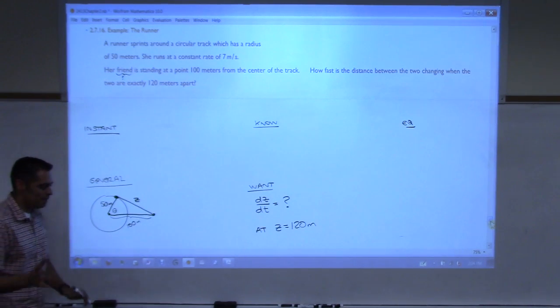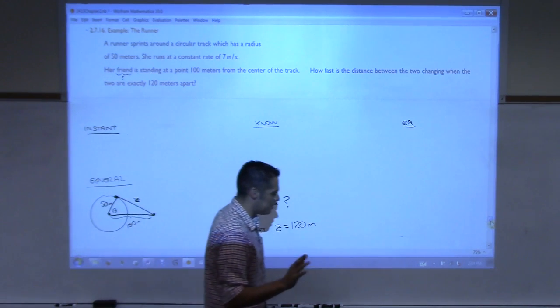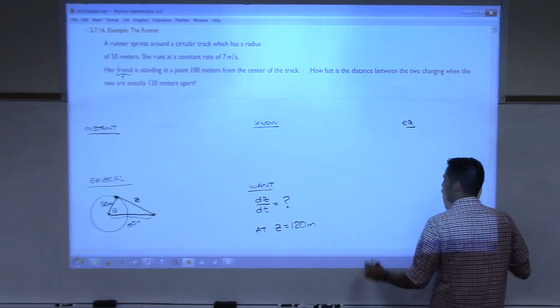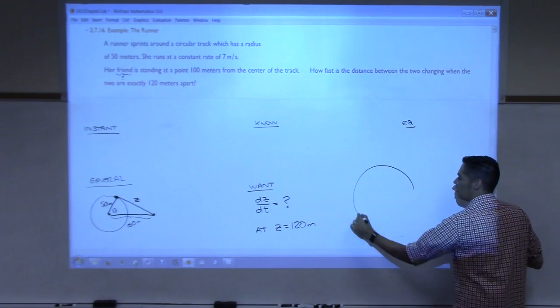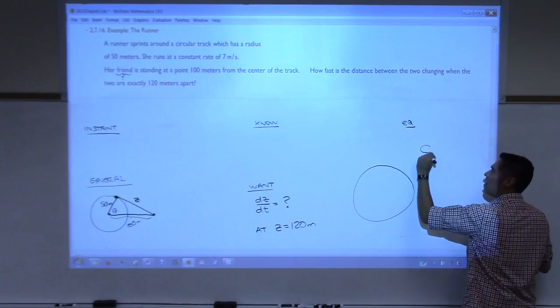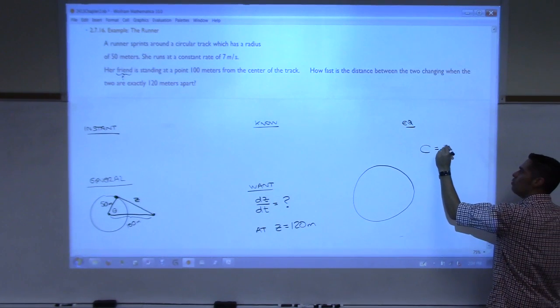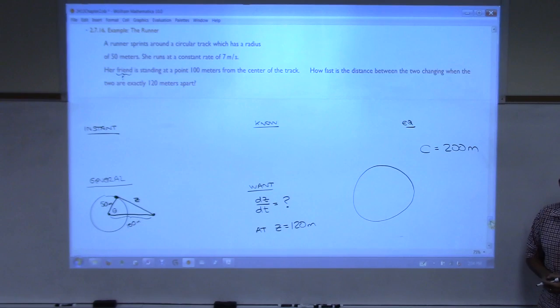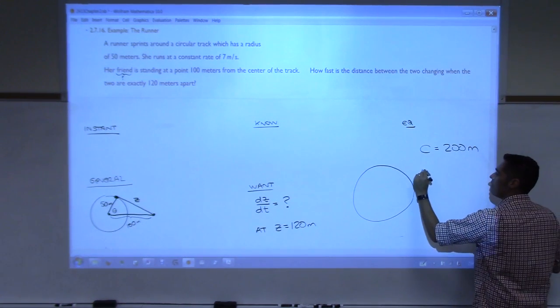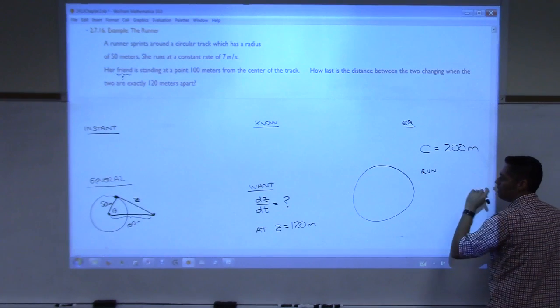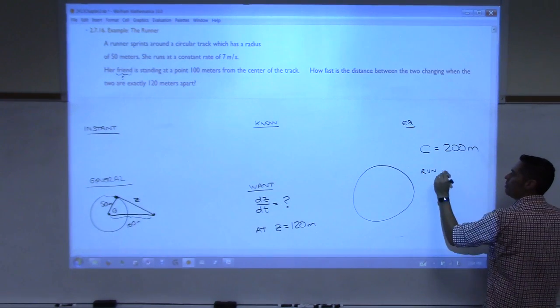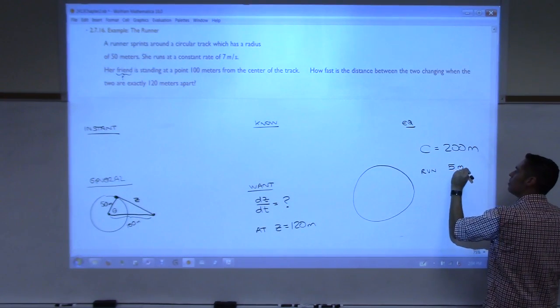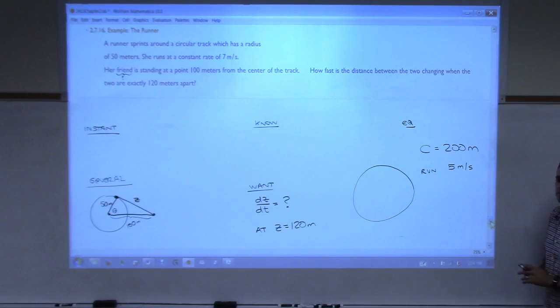So let me give you an example so we can go back, because this is a pre-calc thing. Let's say I had a circle, and let's say the circumference of this was 200 meters. And I start running around this track at 5 meters per second.